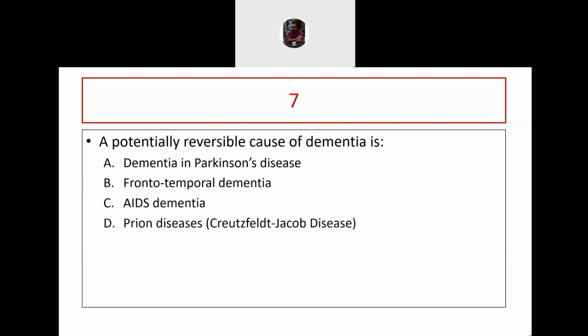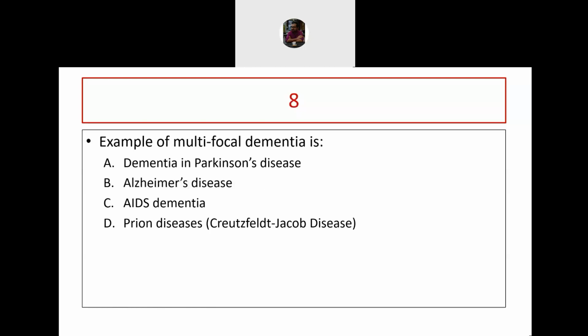A potentially reversible cause of dementia is? Next.